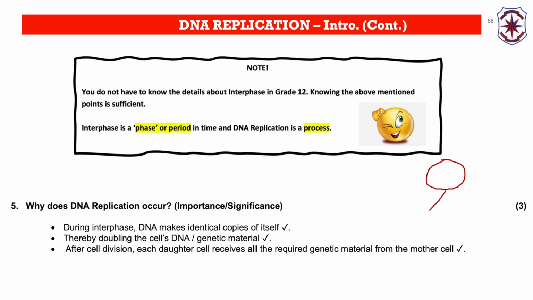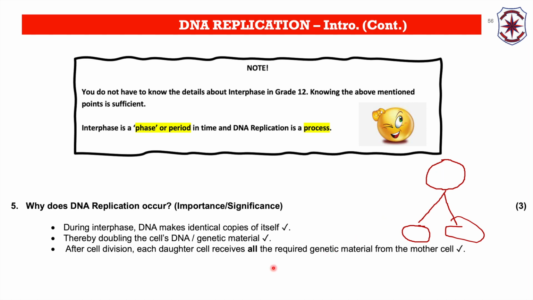After mitosis, we need to have two cells that we call daughter cells. So during mitosis, this one cell will divide into two daughter cells. Now remember, in mitosis, the daughter cells must be identical to each other and identical to the original cell that we call the mother cell.